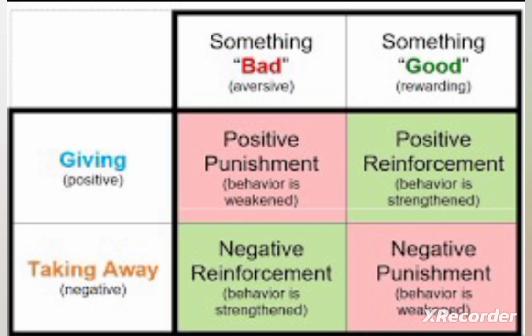Positive punishment involves the presentation of a painful event after the occurrence of an undesired response. For example, we are giving a punishment for an undesired behavior. Okay, so that is known as positive punishment. We are giving some painful event.